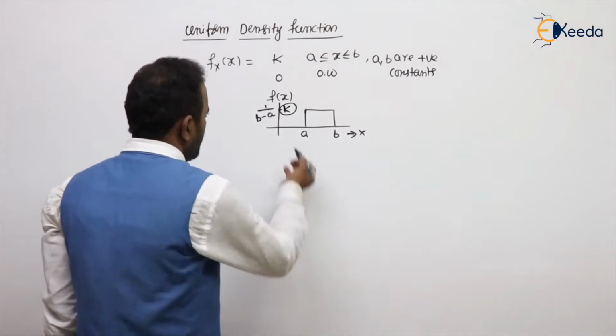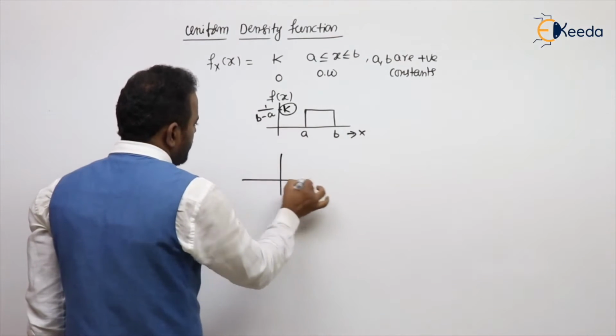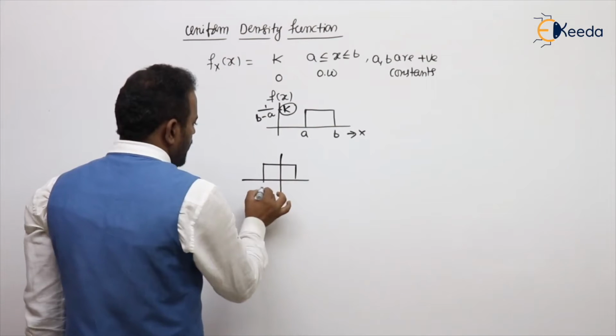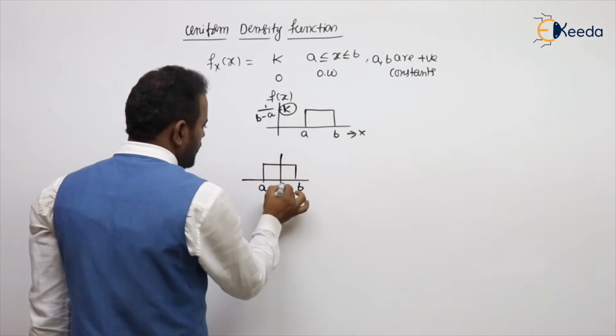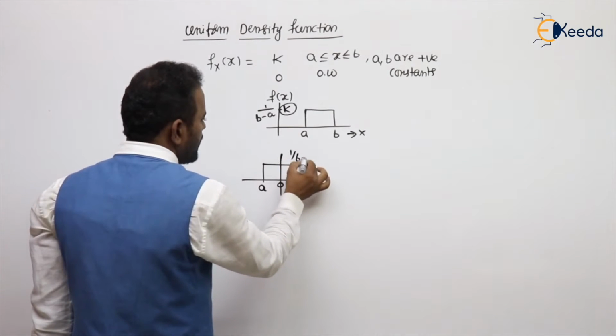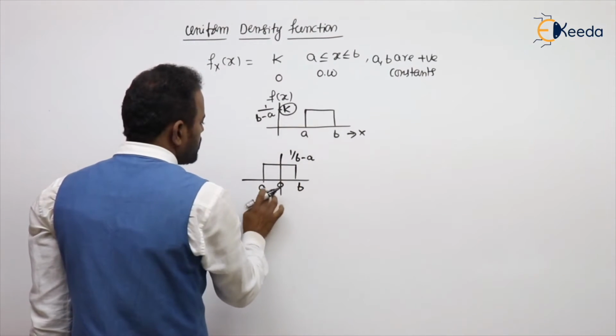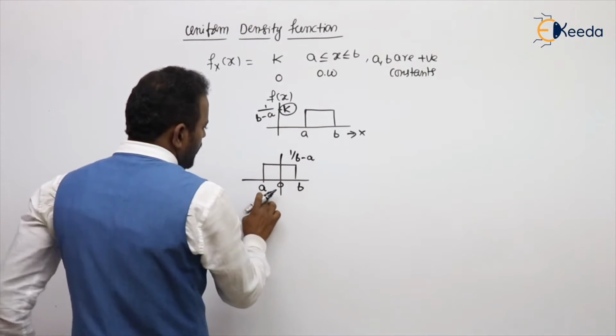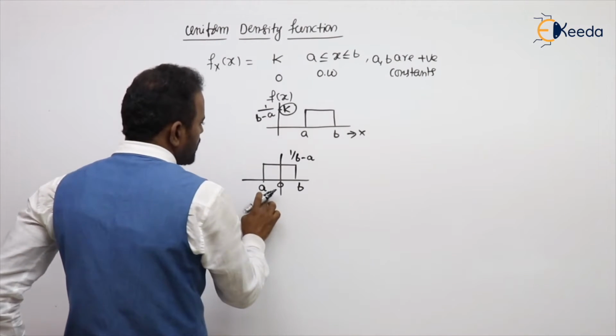For example, if it is a symmetrical one, like this, you can take this is b, 0. This k value will be 1 by b minus a. I told, if both values are equal, then what you will get?